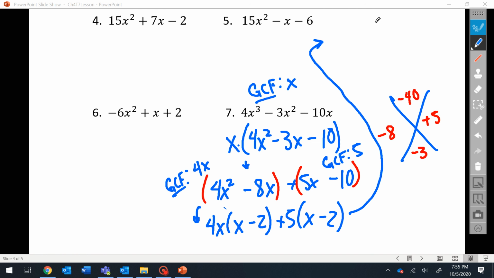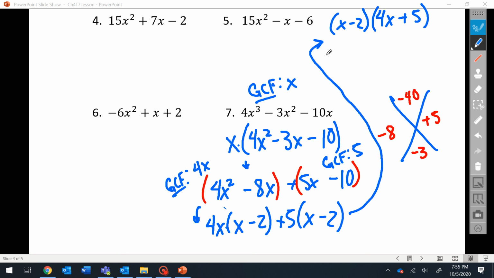Running out of room here, so I'm going to be going up here. So x minus 2 is a factor of both the first and second term. So I'm going to have x minus 2, and then what I'm going to be left with for the first term is 4x, and for the second term, 5.